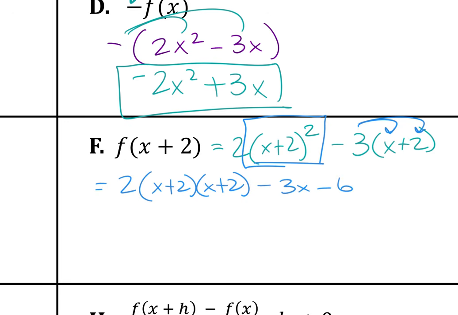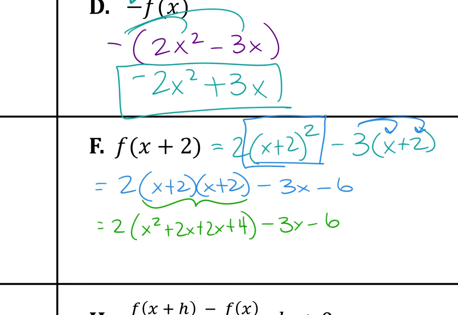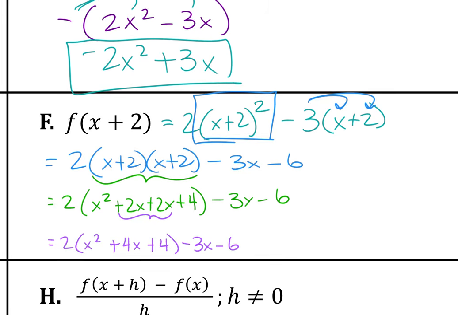Okay, I'm going to FOIL this. So 2 times x squared plus 2x plus 2x plus 4 minus 3x minus 6. Combine like terms. So 2 times x squared plus 4x plus 4 minus 3x minus 6. Okay, distribute in the 2.